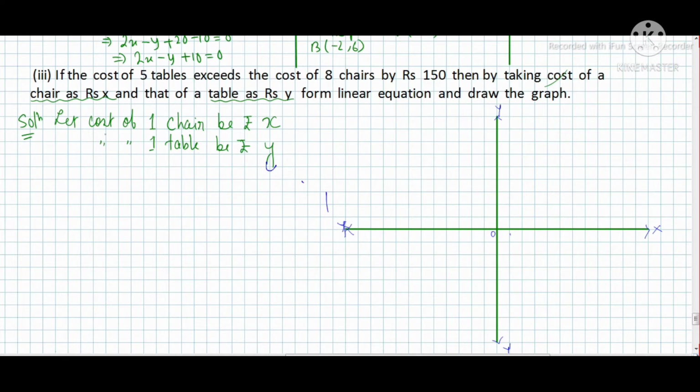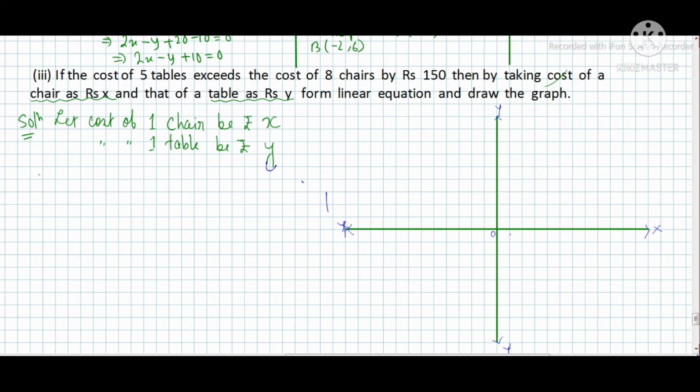So we have written that let the cost of one chair be rupees x and let the cost of one table be rupees y, as given in the question. Now we have taken the cost of one chair and one table, but here it is given that 5 tables and 8 chairs.